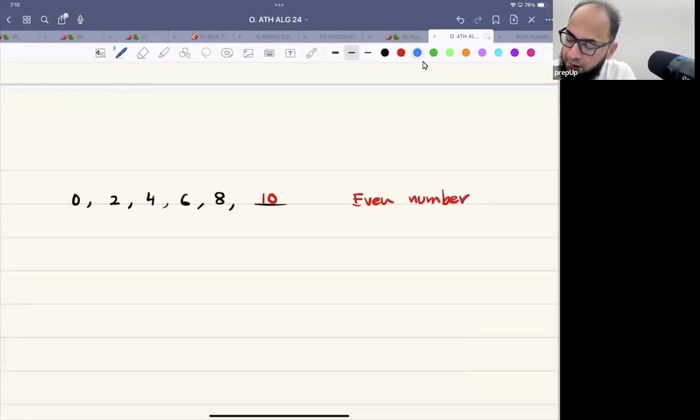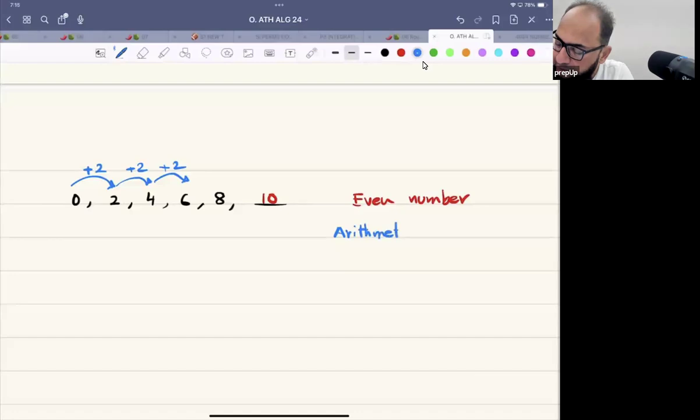So each number is increased from the previous number by the addition of 2. 0 plus 2 is 2, 2 plus 2 is 4, 4 plus 2 is 6, and so on. So this is a sequence. We will call it an arithmetic sequence. And why will we call it an arithmetic sequence? Because the difference is constant.